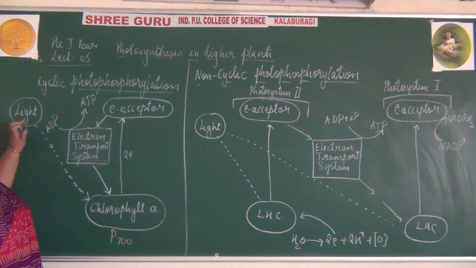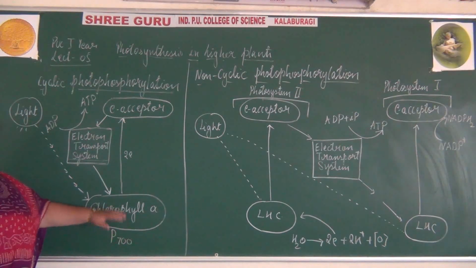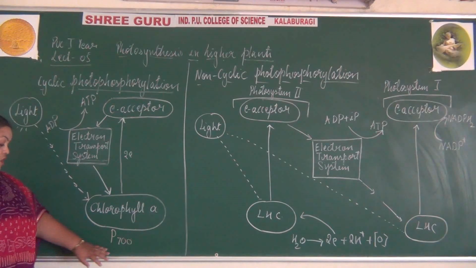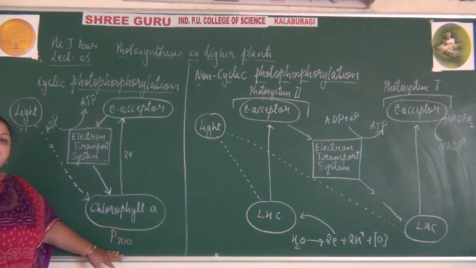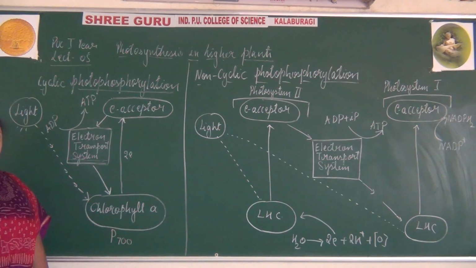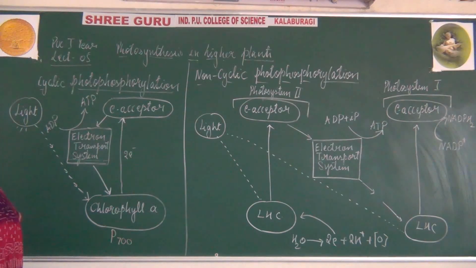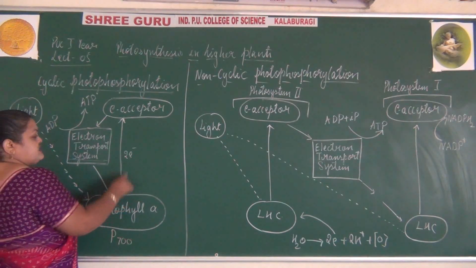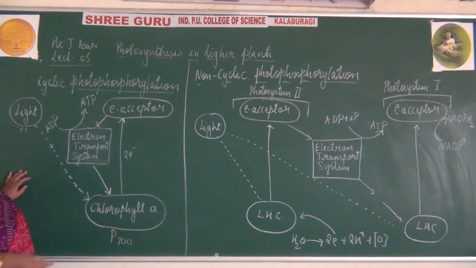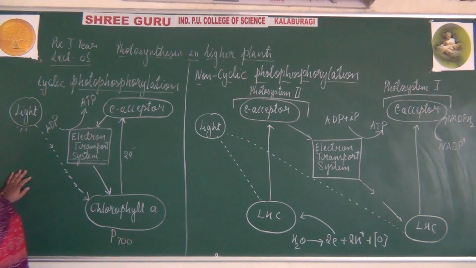As the light falls on the photosynthetic pigments, that is chlorophyll a, which absorb the wavelength of light of P700, they get photoexcited and release the electrons. These released electrons after the photoexcitation of chlorophyll molecules are accepted by the electron acceptor.